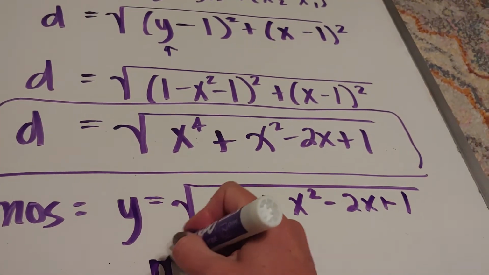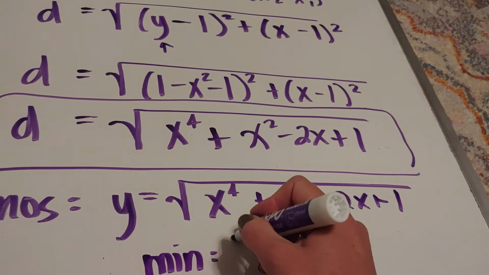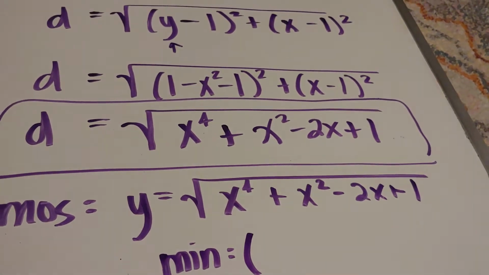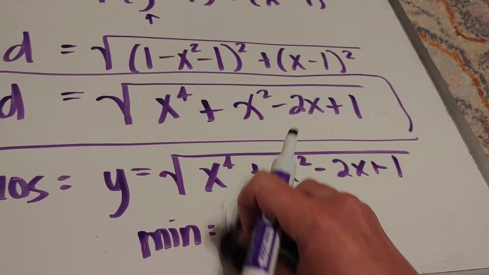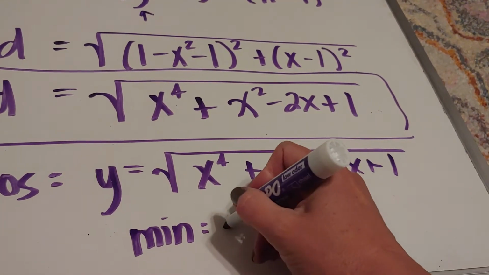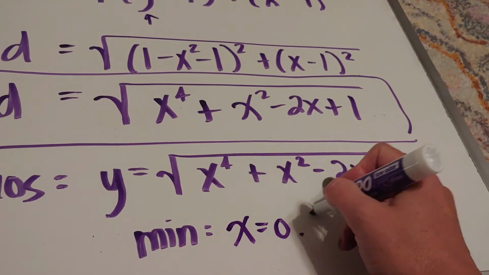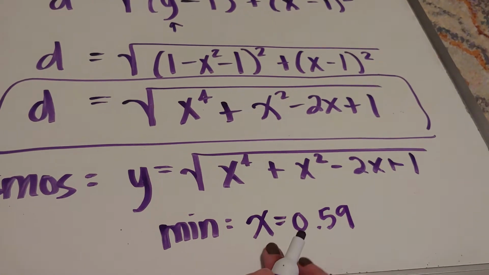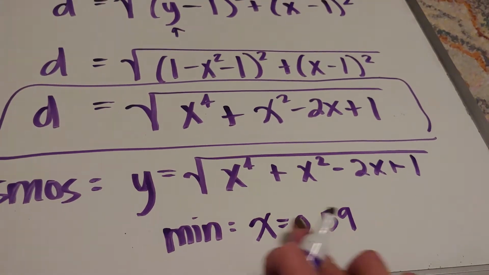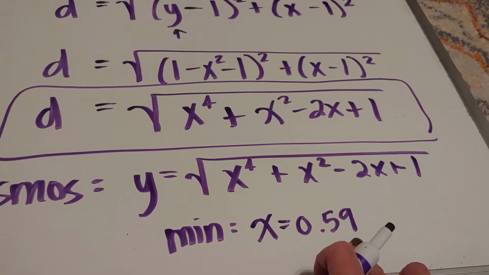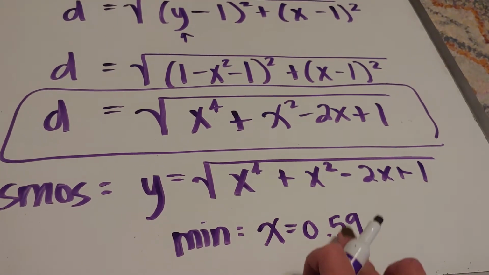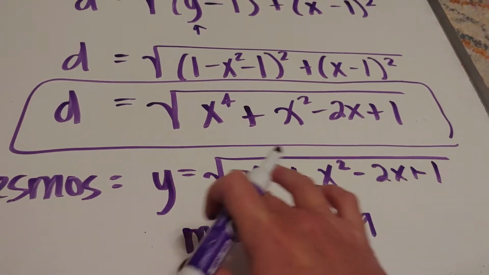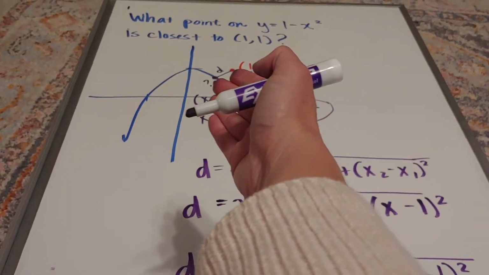What we're going to see is that this function has a min at x equals 0.59. Now, super important: we actually just want the x value here. The reason is that the y value you get from Desmos is the y value of the distance formula, not the y value we're talking about up here.